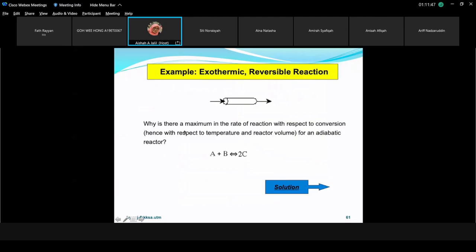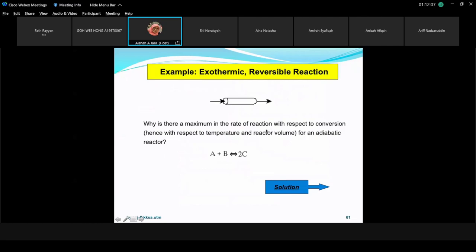Why is there a maximum in the rate of reaction with respect to conversion, hence with respect to temperature and volume, for an adiabatic reactor? A plus B reversible to 2C.